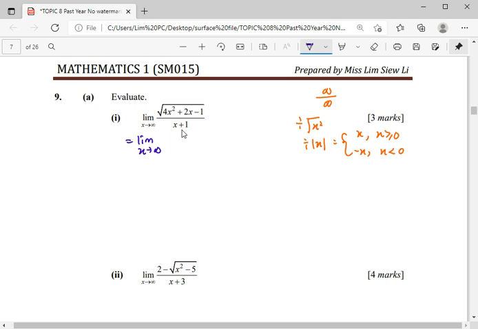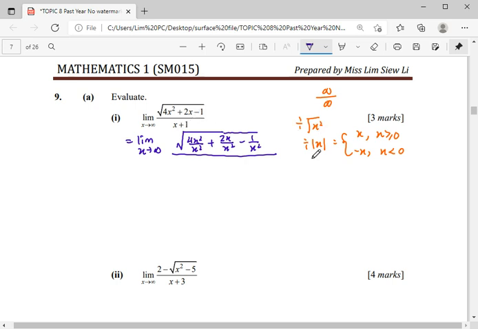As we can see here, we have the square root of 4x squared plus 2x minus 1, divided by the square root of x squared. So we can put it under one square root together: 4x squared divided by x squared, 2x divided by x squared, and negative 1 divided by x squared, each divided independently. For the denominator part, the linear function here, we won't take the form of the square root of x squared.